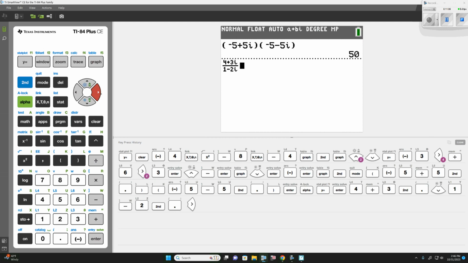Yes, when you get it typed in, go on and hit enter.